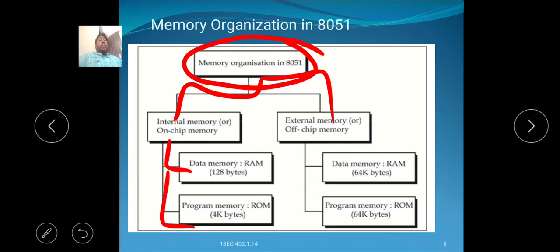In the external memory, the off-chip memory, the data memory is RAM of 64 kilobytes and the program memory is ROM of 64 kilobytes.